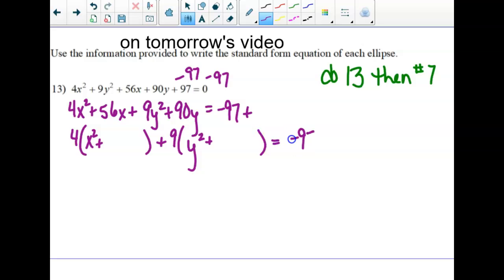If you are really struggling with this, completing this square stuff, please ask for help, either from me or from someone else, because it's going to be on every section of the quiz.